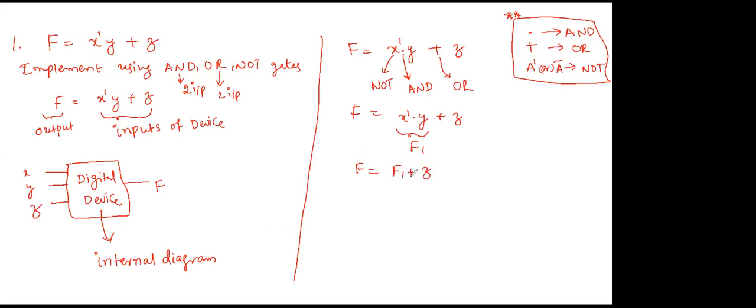F1 plus Z is nothing but an OR gate. If there is an OR gate like this, the expression of the OR gate is A plus B. So here output is F and we have two inputs, one is F1, one is Z. But what is F1?